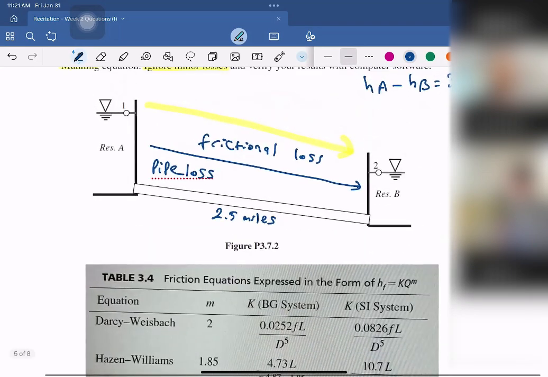But if we had minor losses, we would have something here, entering the pipe or leaving the pipe. Or maybe we could have some valve here or some elbows like this.